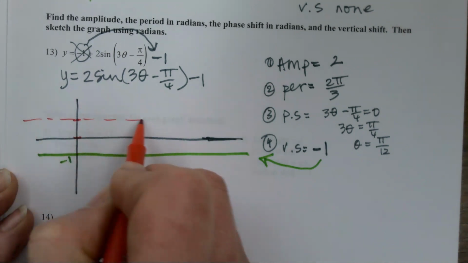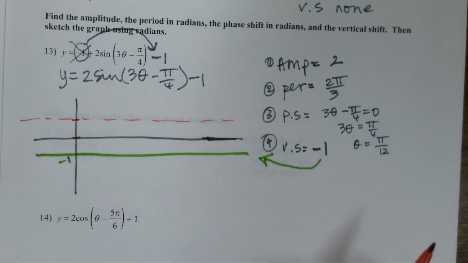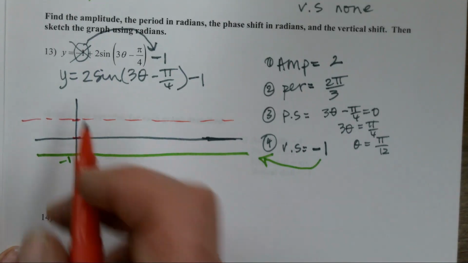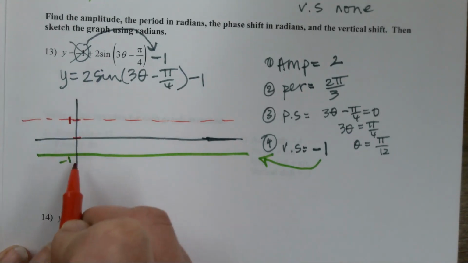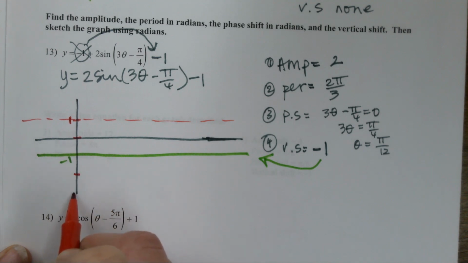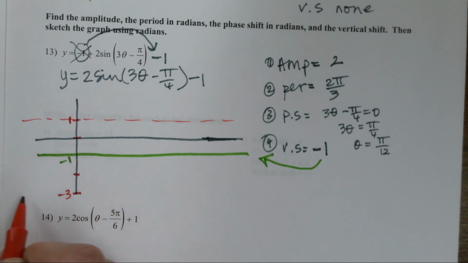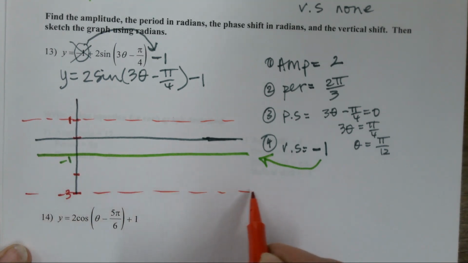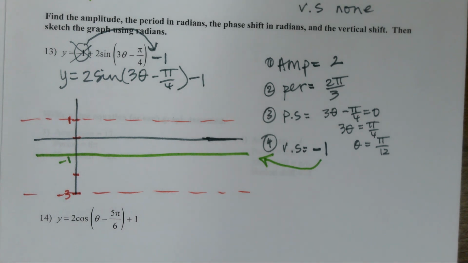And I always give myself a cap so I don't go above that spot. And so that's at +1. And 2 below -1, which makes me bottom out at -3. So again, bless you, don't put your amplitude in until you get your vertical shift in.